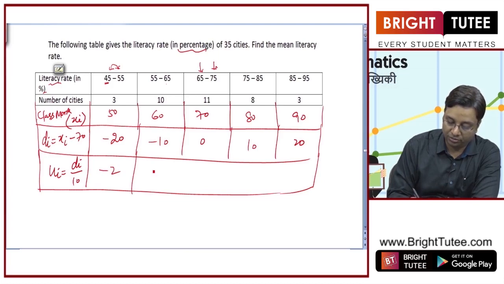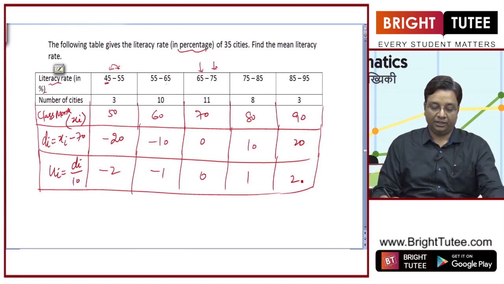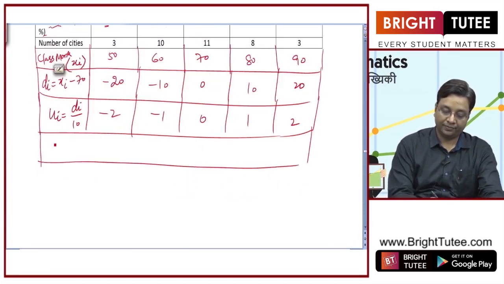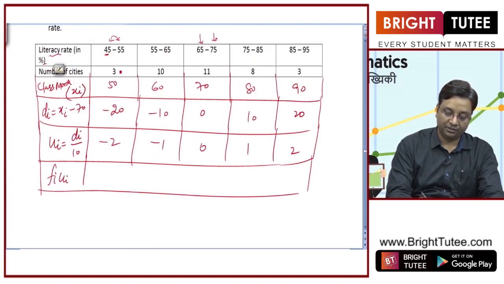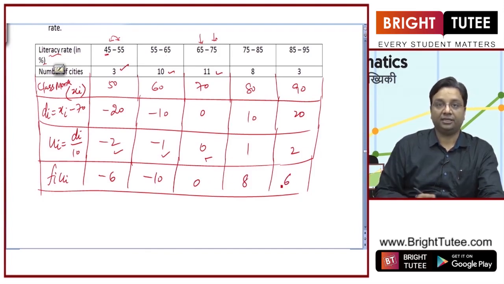So this will give me minus 2, minus 1, 0, 1, 2. Now fi ui, so frequency is 3 into minus 2 is minus 6, 10 into minus 1 is minus 10, this will give you 0, this will give you 8 and 6 here.